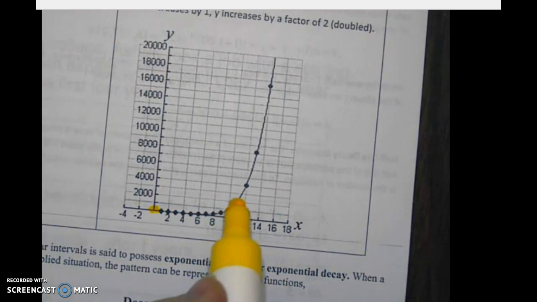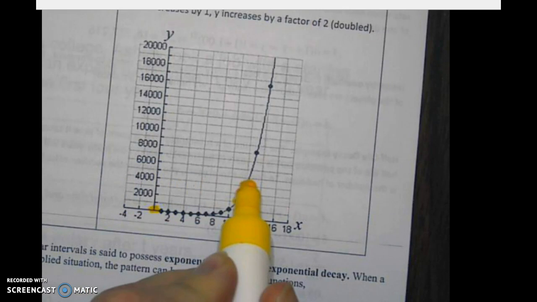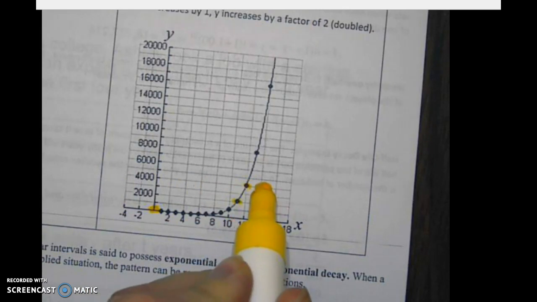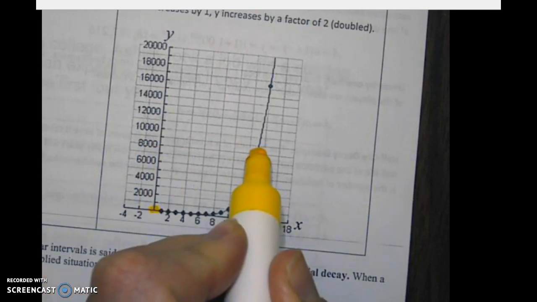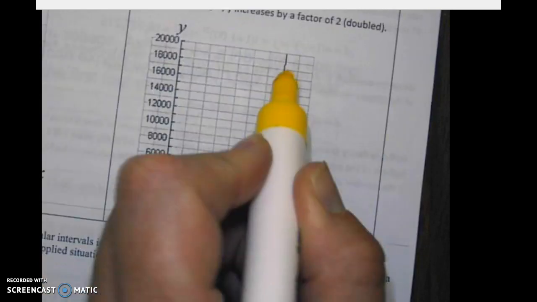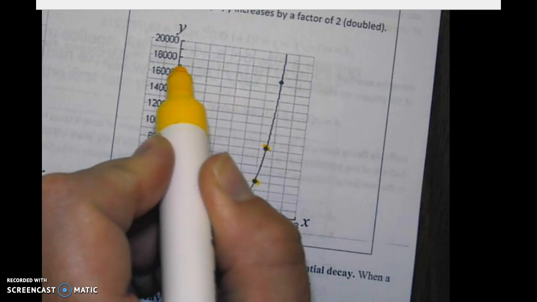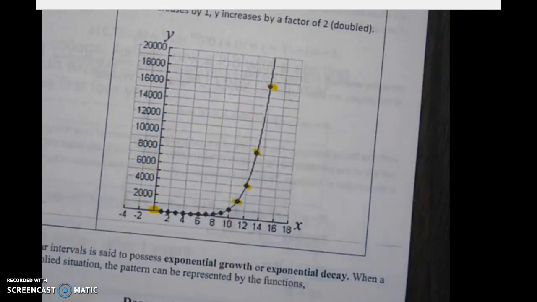If we go one more unit over, we're at 4,000. One more unit over, we're at 8,000. One more unit over, if you double 8, you're at 16,000. So it's actually doubling each time.